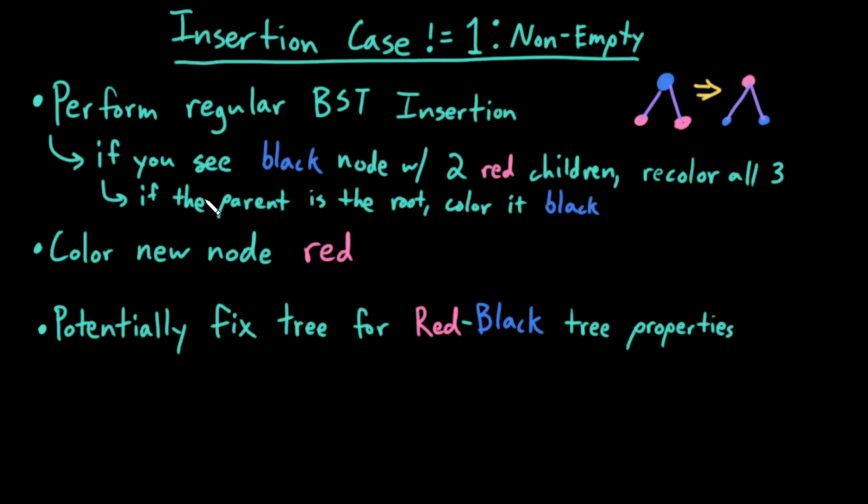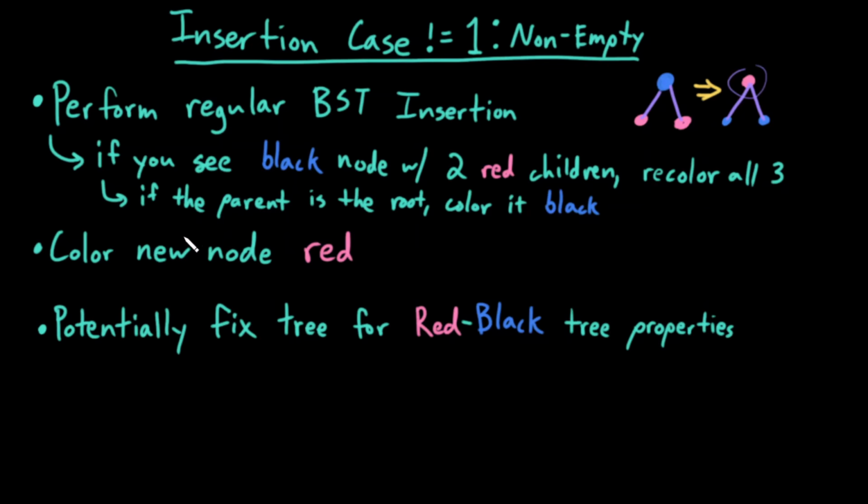And then, by the way, if the parent happens to be the root of the tree, remember that in a red-black tree, the root must be black. So if you do this recoloring, but this is actually the root, just recolor it to black again. Okay, so that's while you're doing your traversal.